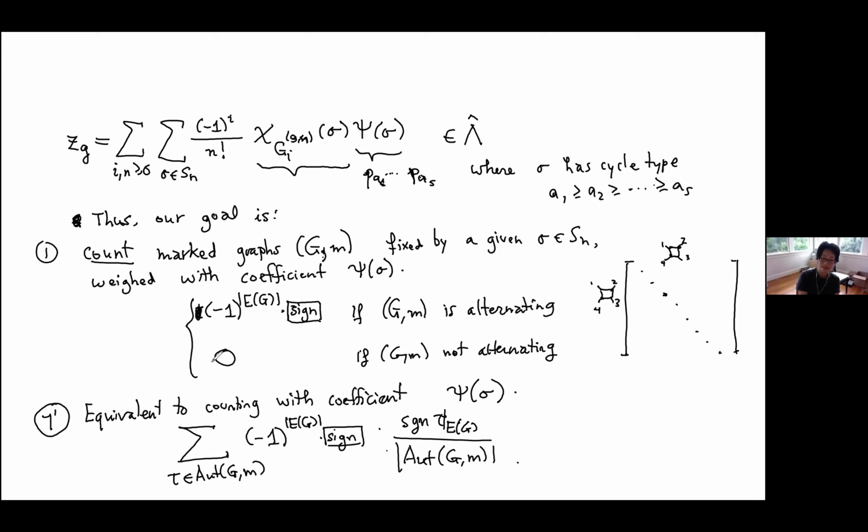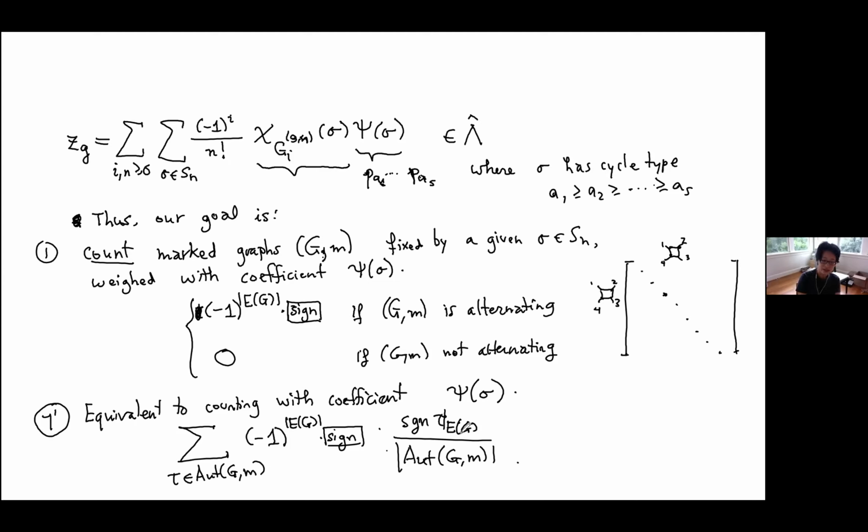Do you believe that? It's the observation that if G is alternating, then all these signs in the numerator are the same. And so we have a sum of 1 over Aut(G, M) times the count.